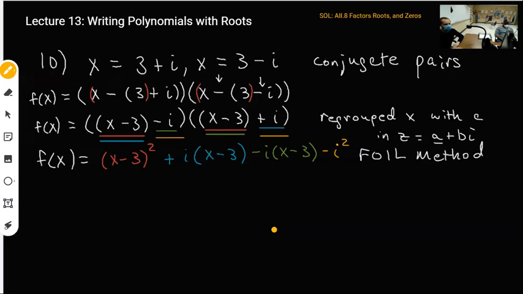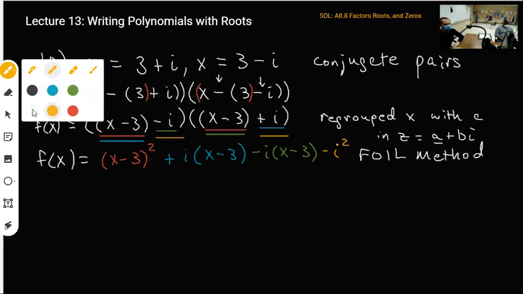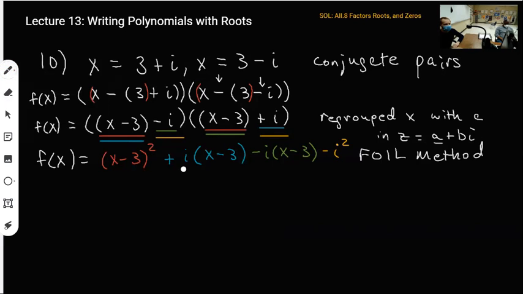Okay, so what's the next thing that I can do? Well, notice that the two middle terms match up, right? I've got the plus i, the minus i, and they cancel out, so I'm going to cross these out.